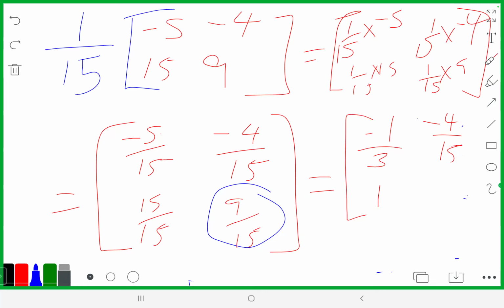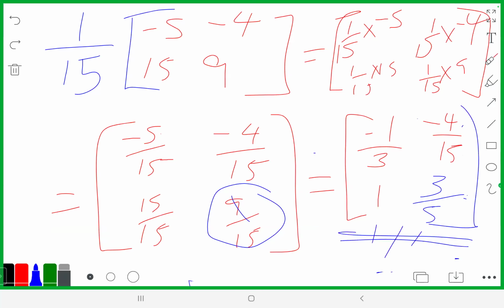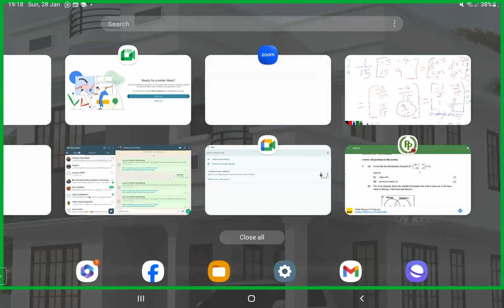Right, so you can use 3 into 9, and 3 into 15 goes 5 times. So basically, this is your inverse. And by so doing, you would have done the needs of the question.